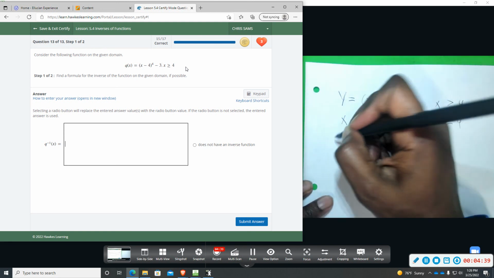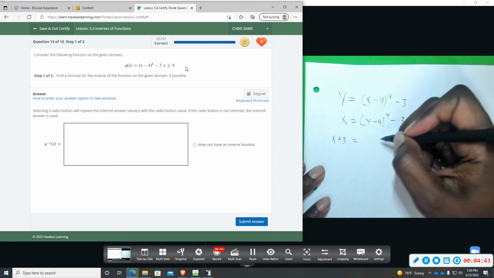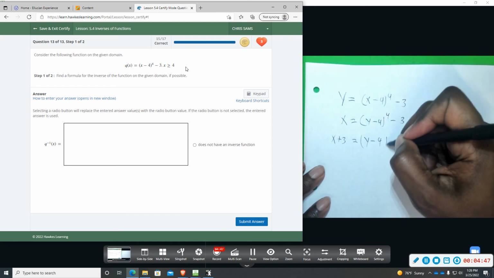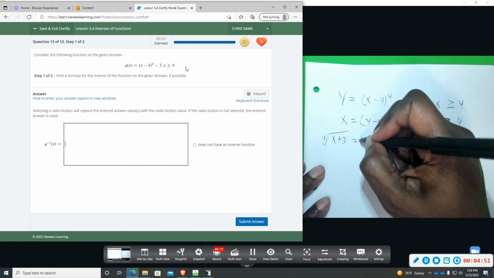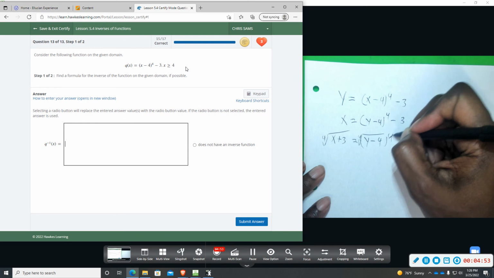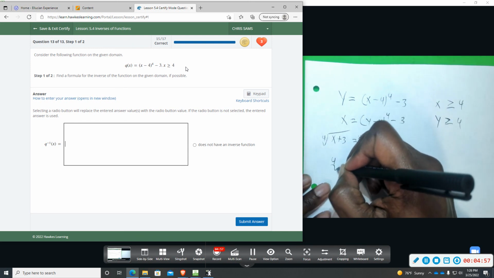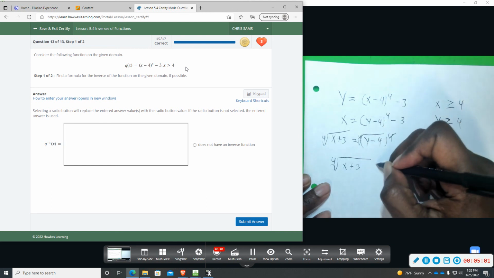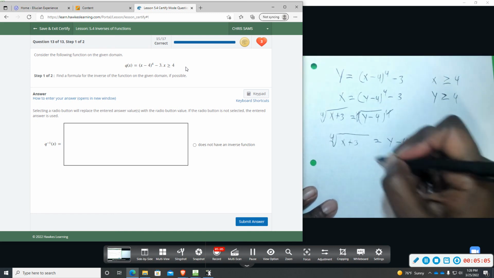I'm going to add 3. Y minus 4 to the 4th. We're going to do the fourth root. So I'm going to get rid of that 4 and that 4. So I have the fourth root of x plus 3 equals y minus 4. And then we're going to add the 4 over.